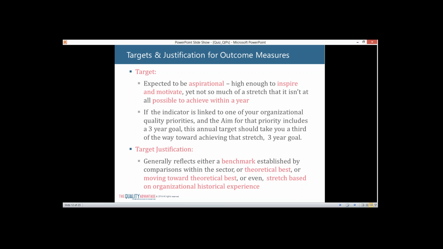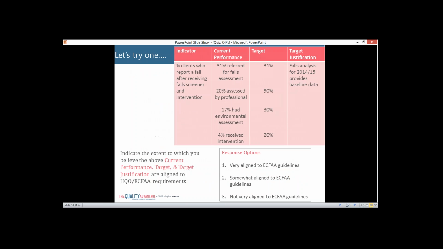So, for example, for critical incidents, it could be 0, which is theoretical best for a critical incident. Or it could be moving toward theoretical best. Or it could even be this target is a stretch based on our own organization's experience with setting targets. And there are a number of ways in the guidelines that are reflected as well that you can take a look at for those target justifications.